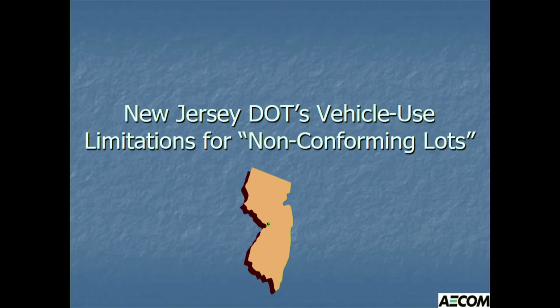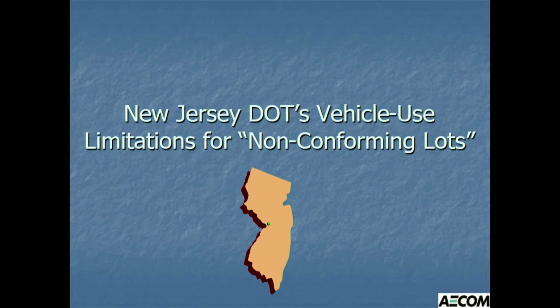Switching gears, New Jersey DOT. So here you have to picture, New Jersey DOT has an access code that's built on a state highway access management act. The state legislature in New Jersey in the late 1980s recognized this can't continue. We picture New Jersey, right? Very densely developed, traffic congestion wherever you go.